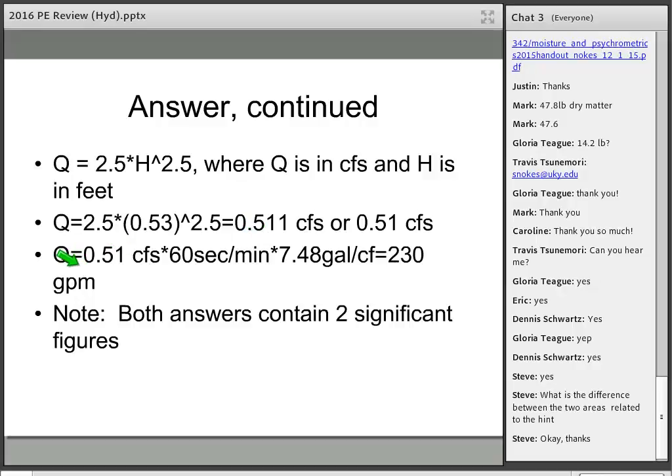But if you do the conversion by multiplying by 60 seconds per minute and then by 7.48 gallons per cubic foot, you figure out that it's also 230 gallons per minute. And note that both of these two contain 2 significant digits.